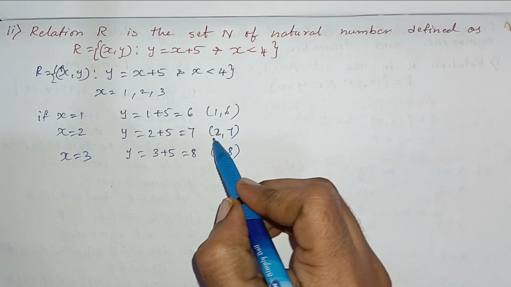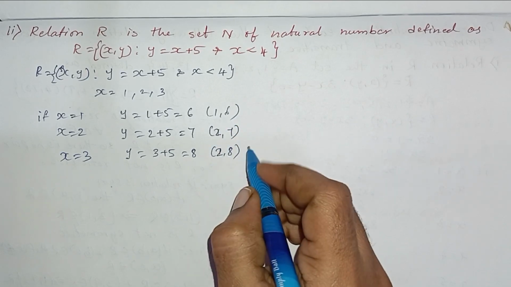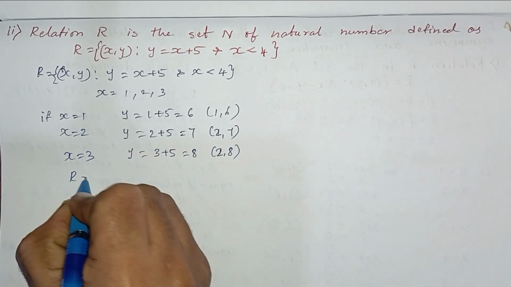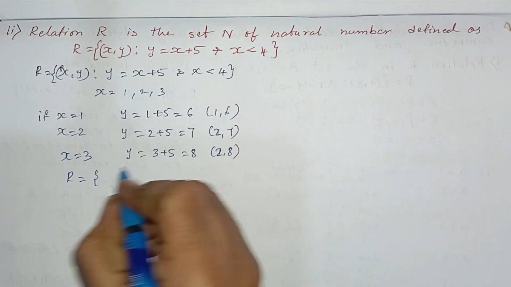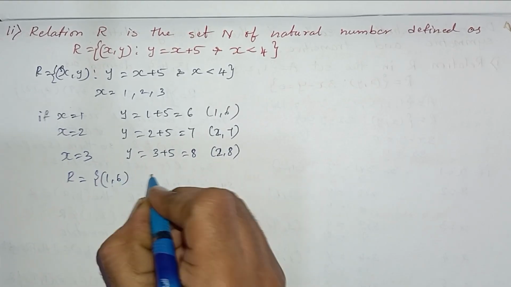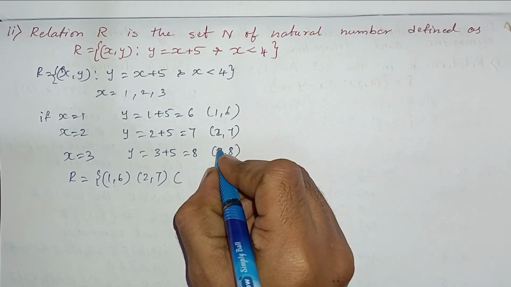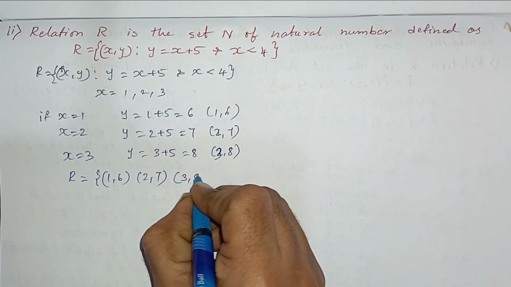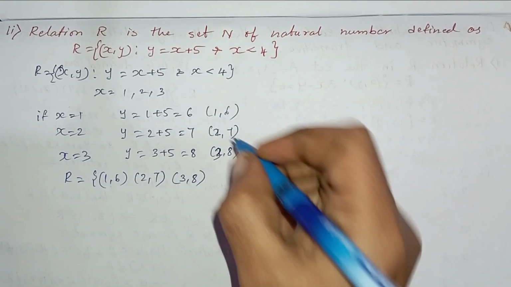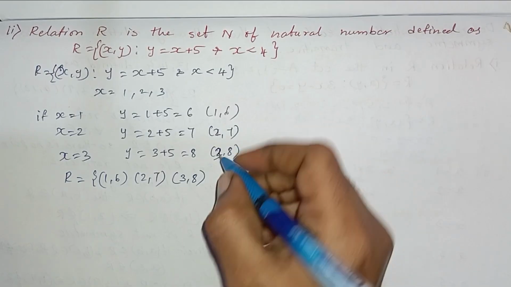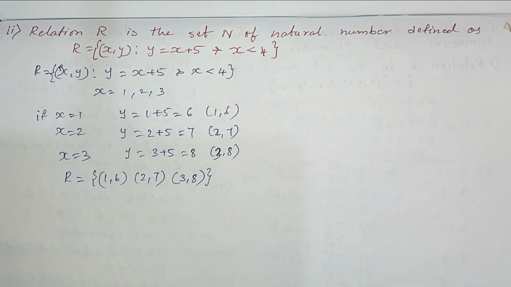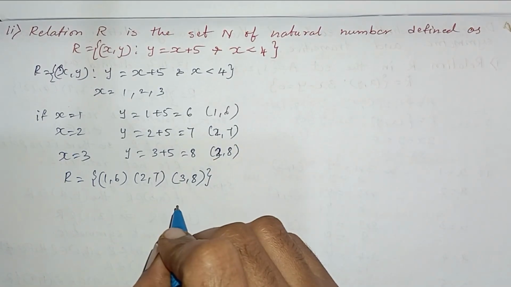In roster form, R is (1, 6), (2, 7) and (3, 8).